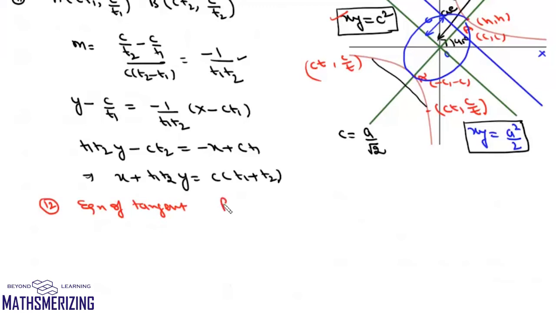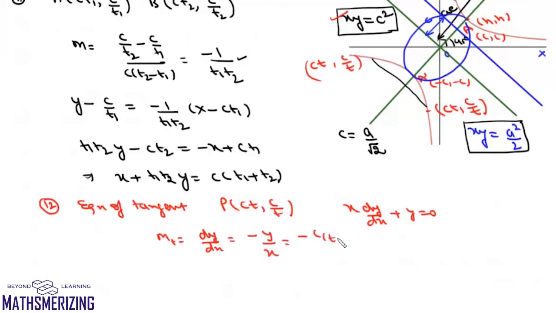Now for this hyperbola, we'll write the equation of tangent also. Say we have any point P which lies on this hyperbola, say ct comma c upon t. Now first we'll find the slope of tangent. So we'll differentiate this curve. We'll get x dy by dx plus y equals 0. So here the slope of tangent, which is dy by dx, will be minus y upon x. Now y is c upon t, x is c into t. So the slope of tangent at this point P will be minus 1 upon t square.